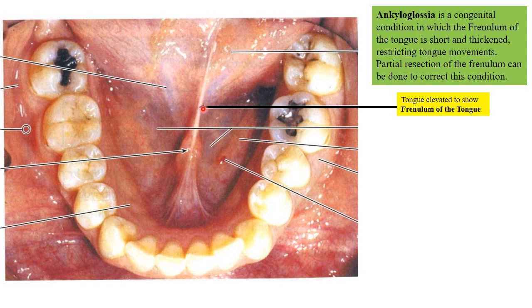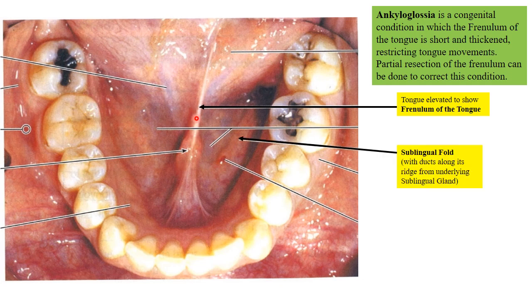And it's technically a surgical procedure, but it's done pretty quickly in the maternity ward. We just go in and trim down this frenulum a little bit. There's a little instrument that's been designed just for that purpose. And you can trim this down and make the tongue more mobile. But that's ankyloglossia, the condition where the frenulum is too thickened or short and the tongue can't move around well.